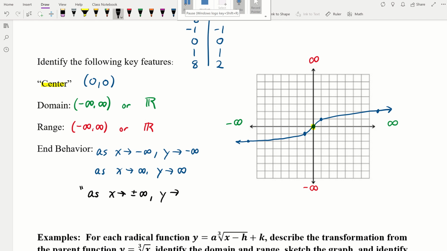The bottom sign corresponds with negative infinity, which is negative. So those signs would have to match here. So positive infinity goes to positive, negative goes to negative. So we would put plus minus here. That's just a way to simplify it down to where you can write it as a single statement versus two individual ones.